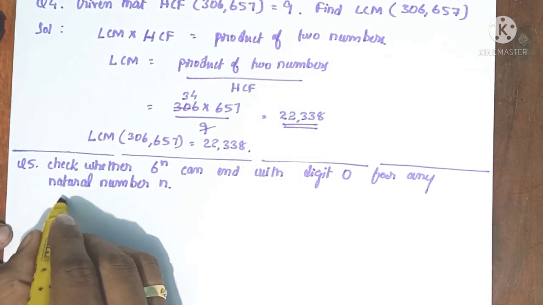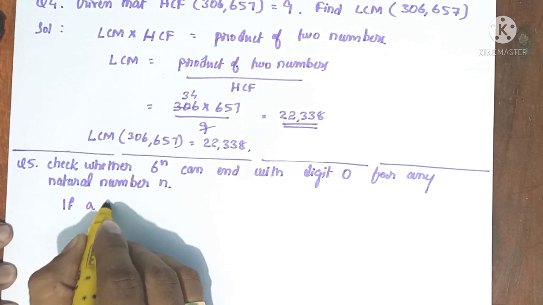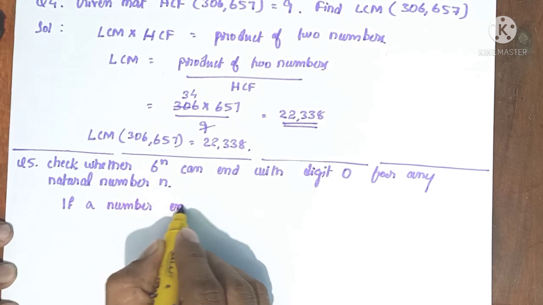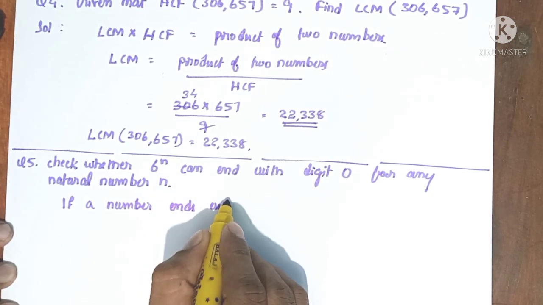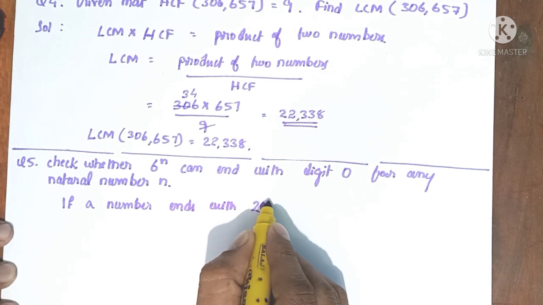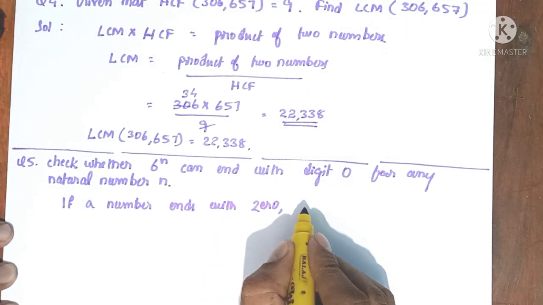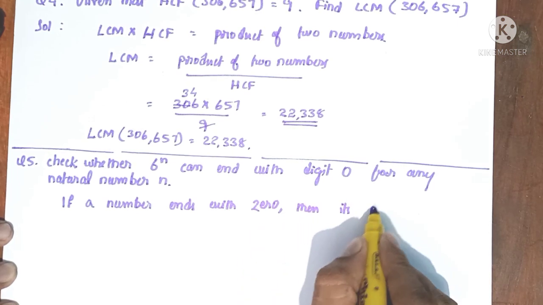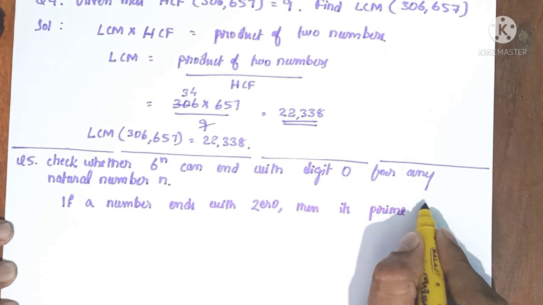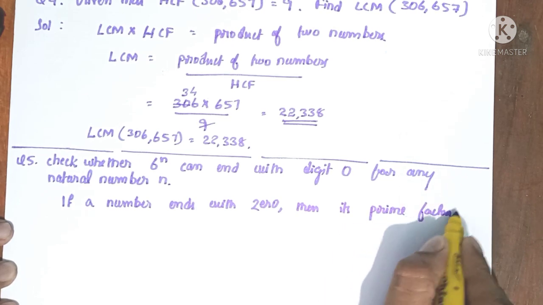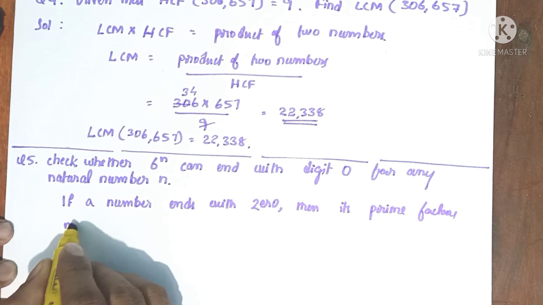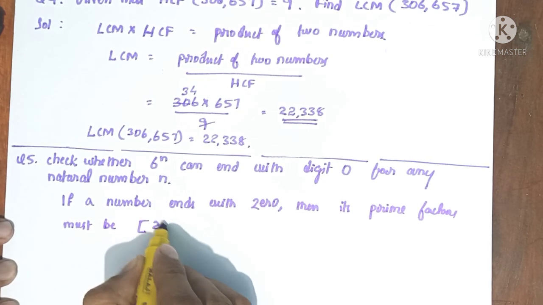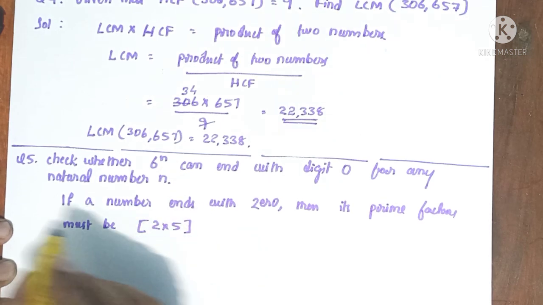Right? So we can write, if a number ends with 0, then its prime factors must be a pair of 2 and 5.